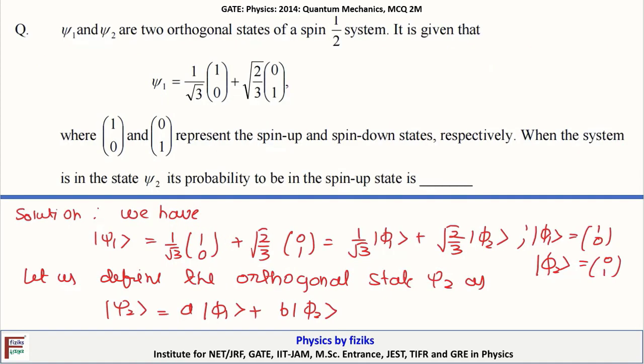So our answer is 2 by 3. That is nearly about 0.66.